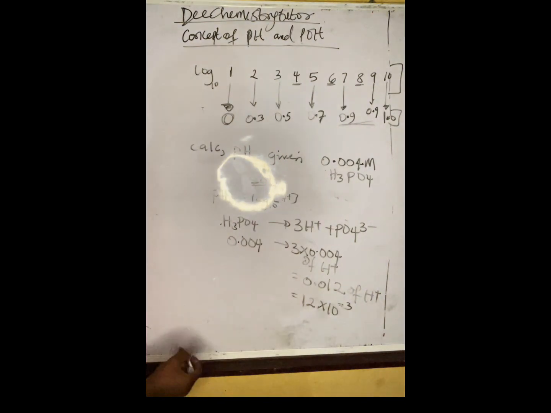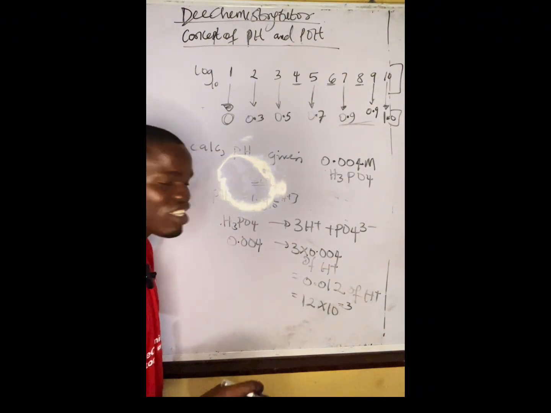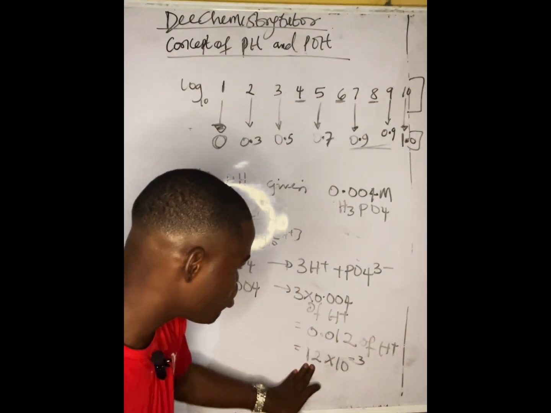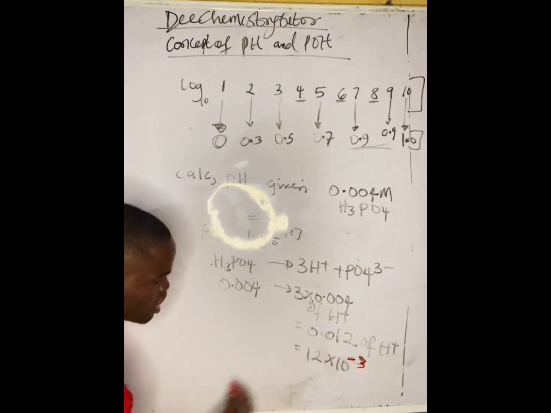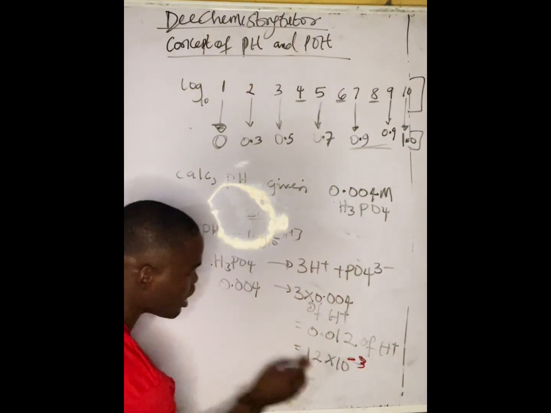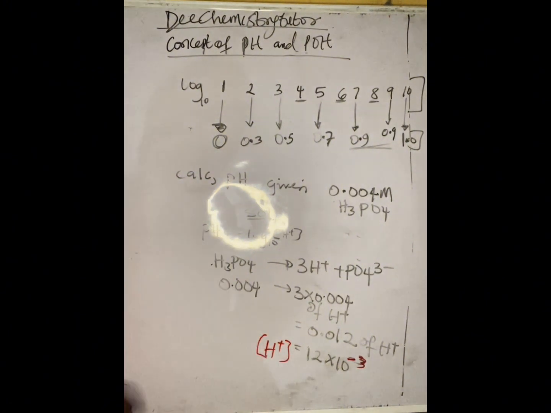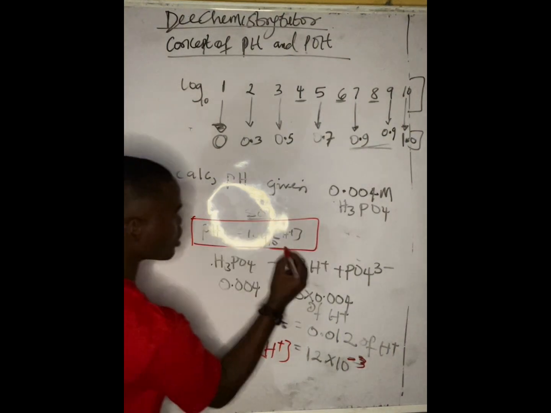Now, the way I used to do this thing, I don't disturb myself. So 12 times 10 raised to minus 3. Now, don't forget that this is the concentration of H plus. Now, let's go to our formula. This is our formula now. So we are still on point.